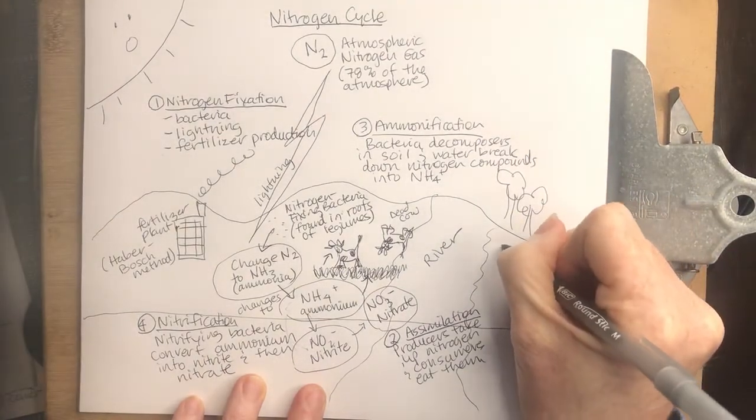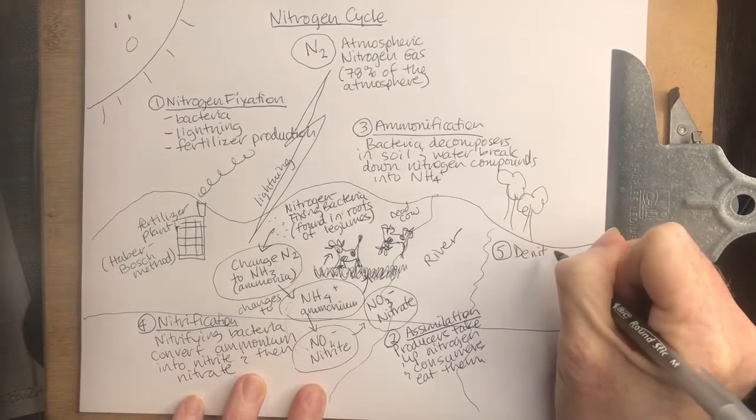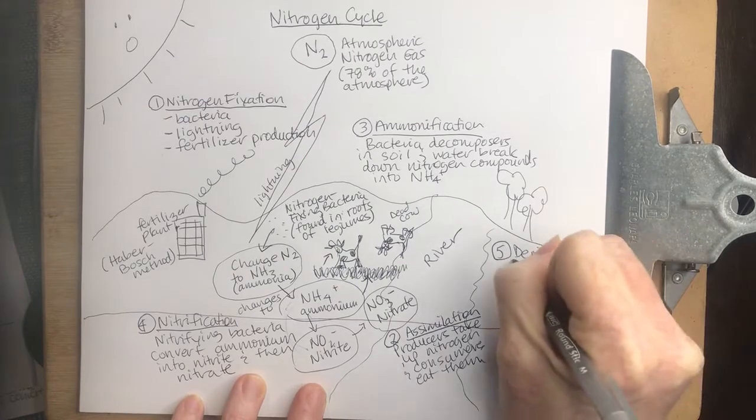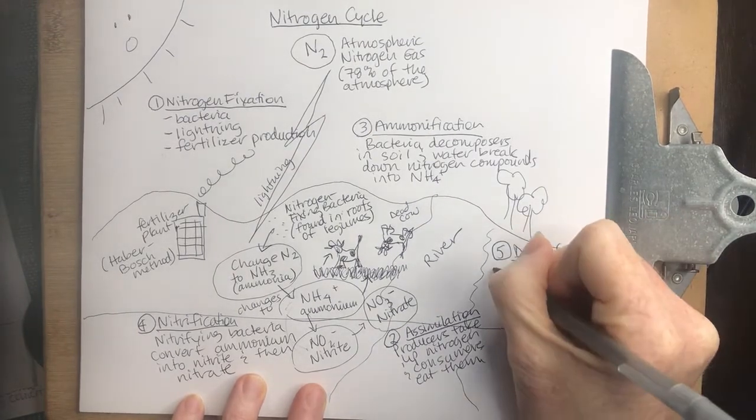So we're going to put that step right here. This is called denitrification. Sorry, I didn't come up with all these names that sound so similar. Denitrification, so breaking down the nitrogen compound, denitrifying.